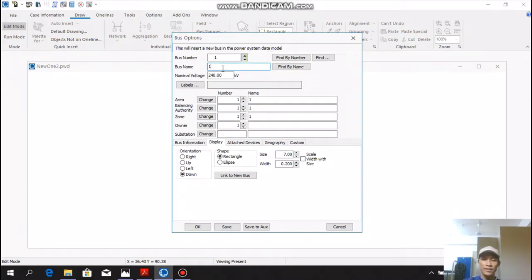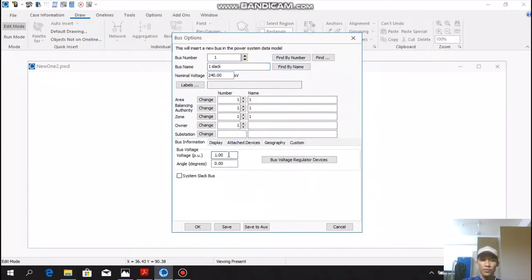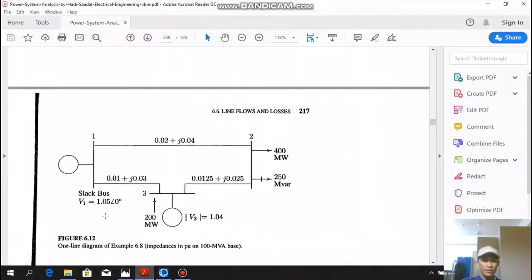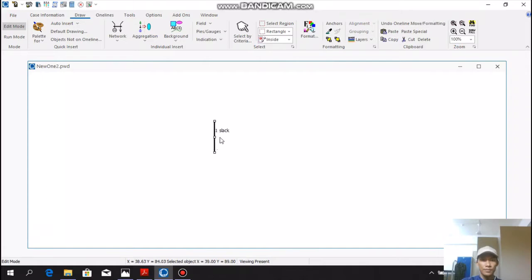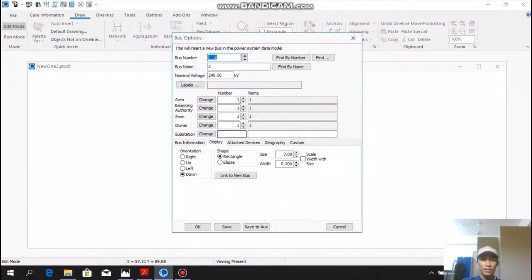So the first bus is the slack bus, with 1.05 PU there. Then the second bus is load.